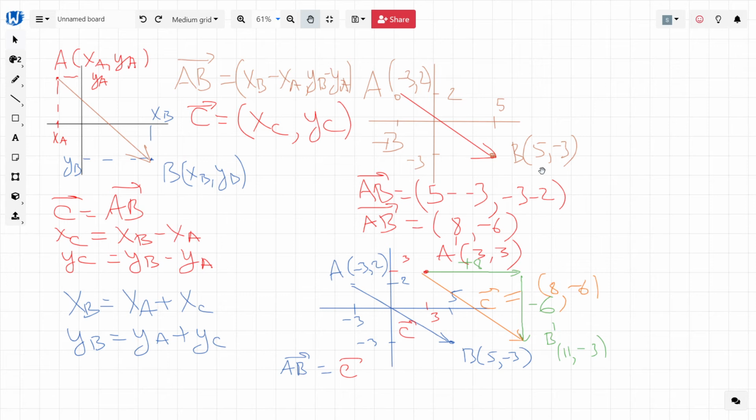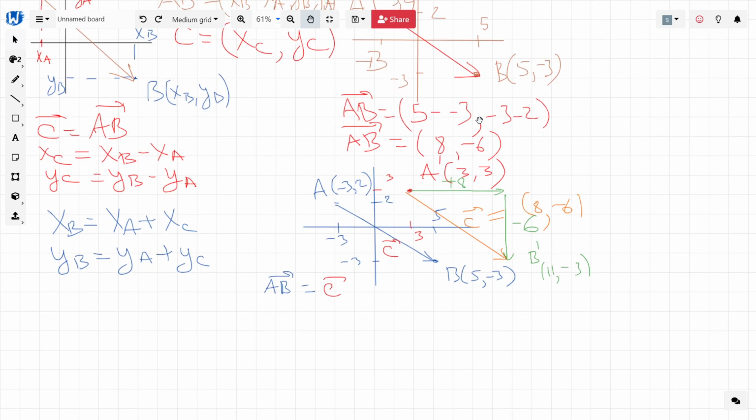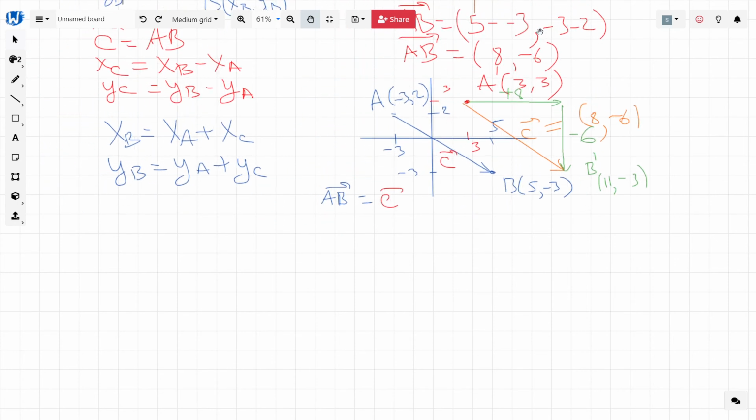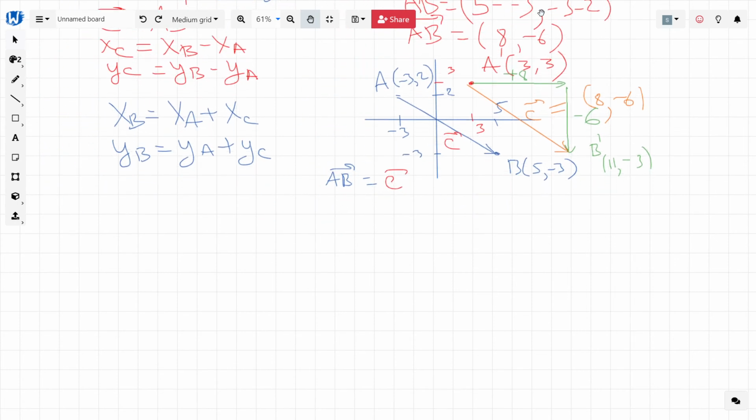So that brings us to another point, and the point is: what is the length of a vector? The way we're going to define the length of a vector is really as the difference between point A and point B, from the beginning till the end. So really it's the length of segment AB.